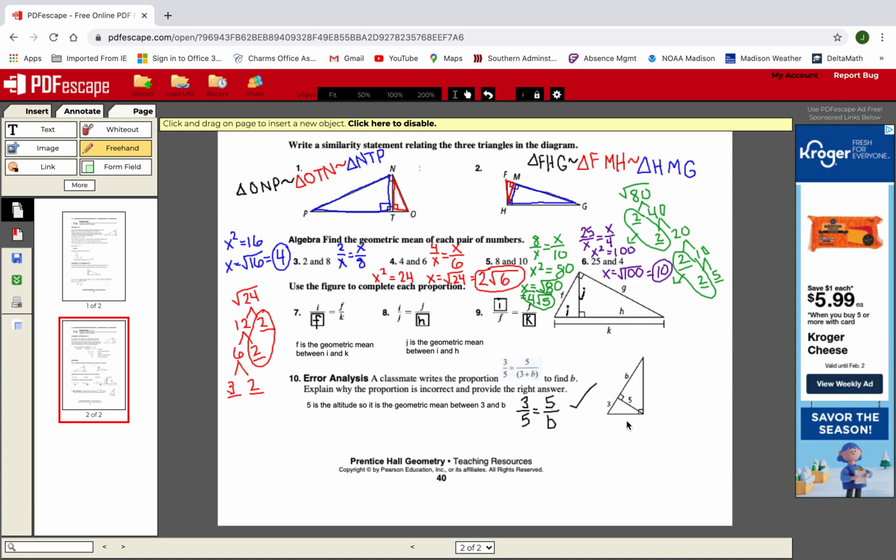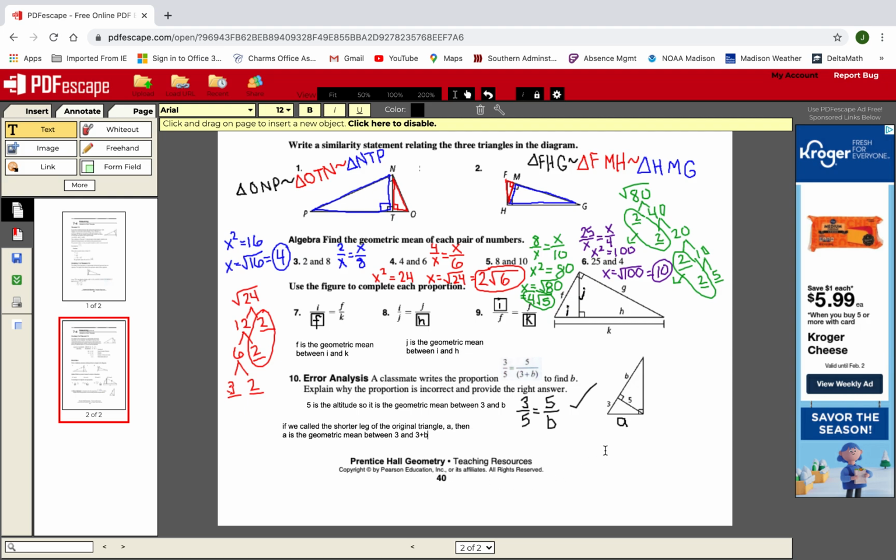Okay? If there was another variable here, let's say this was A. Okay? If we were going to use 3 and 3 plus B, then we would say that, if we called the shorter leg of the original triangle A, then A is the geometric mean between 3 and 3 plus B. Okay?